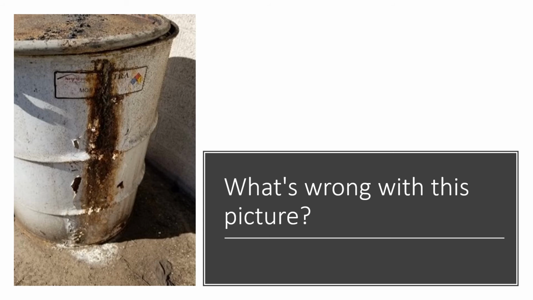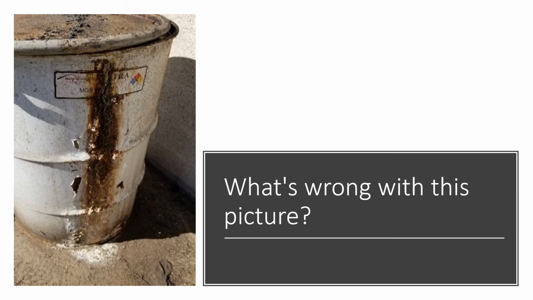What do you think is wrong with this picture? First, you can see that the lid is not actually on the container. Part of being a hazardous waste generator is making sure your containers are closed at all times, except when actively adding waste to them.